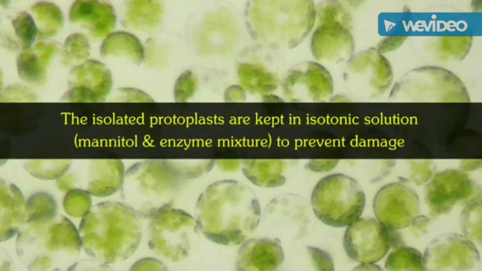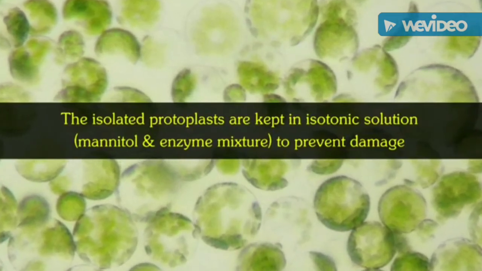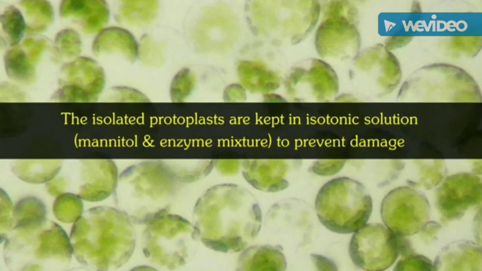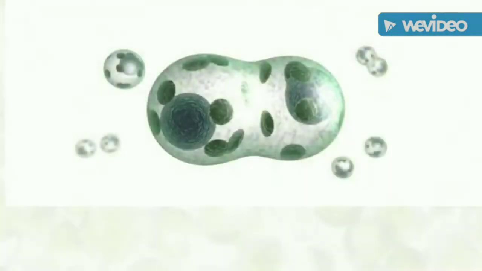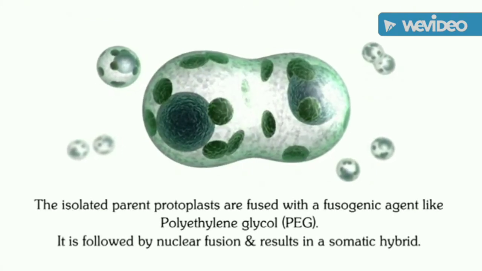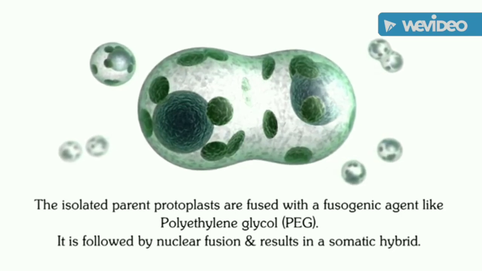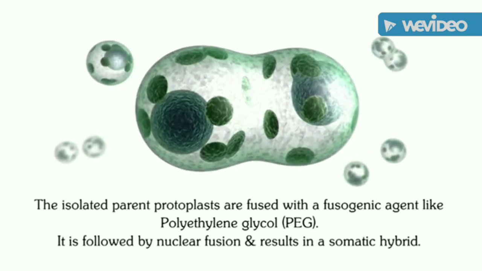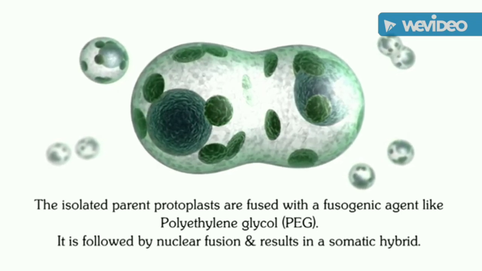The isolated protoplasts are kept in an isotonic solution, that is, mannitol and enzyme mixture, to prevent damage. The isolated parent protoplasts are fused with a fusogenic agent like polyethylene glycol, that is PEG. It is followed by nuclear fusion and results in a somatic hybrid.